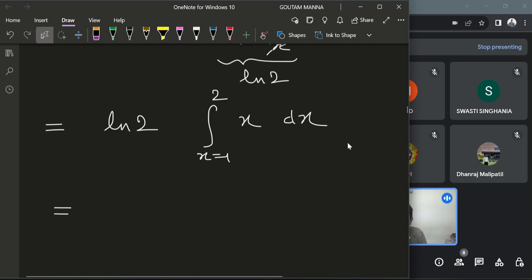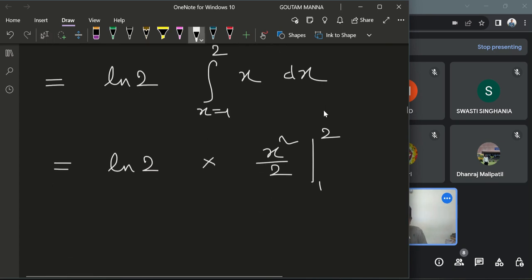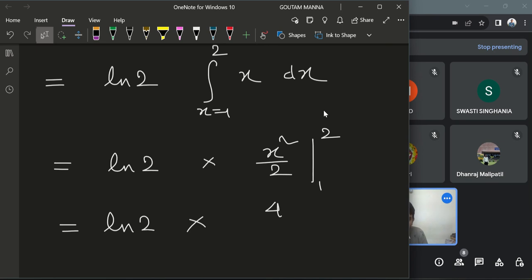So if I do the x integration, it will be 2 times x square by 2, with limits going from 1 to 2. If I put the limits, it will be 4 minus 1, by 2, that will be 3 by 2.